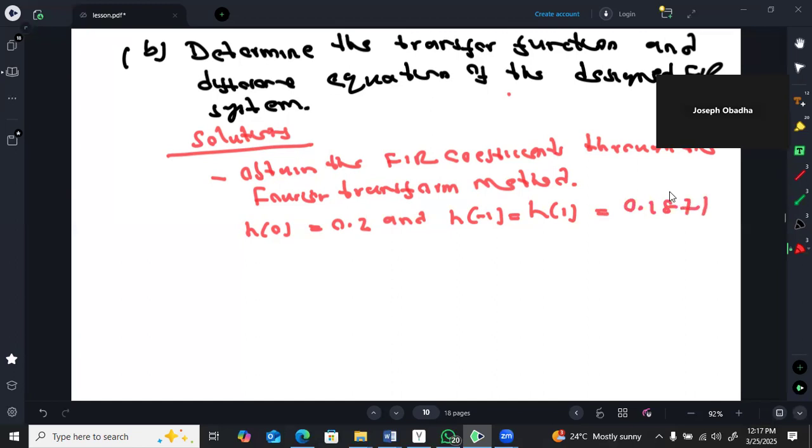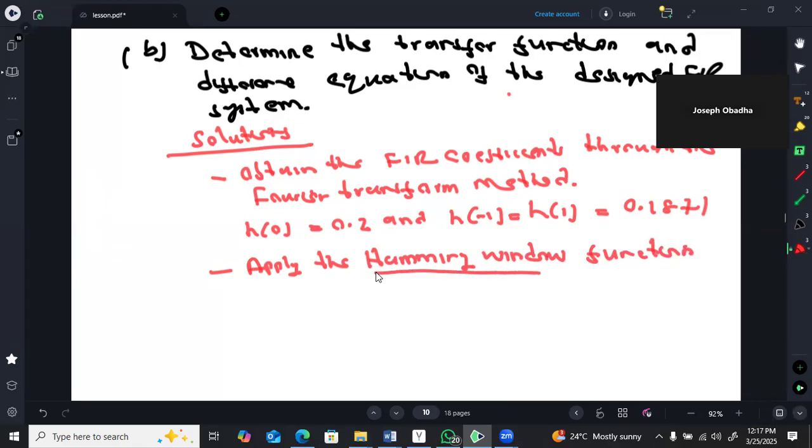So how do we now apply the Hamming window function? Check and see what the Hamming window is.